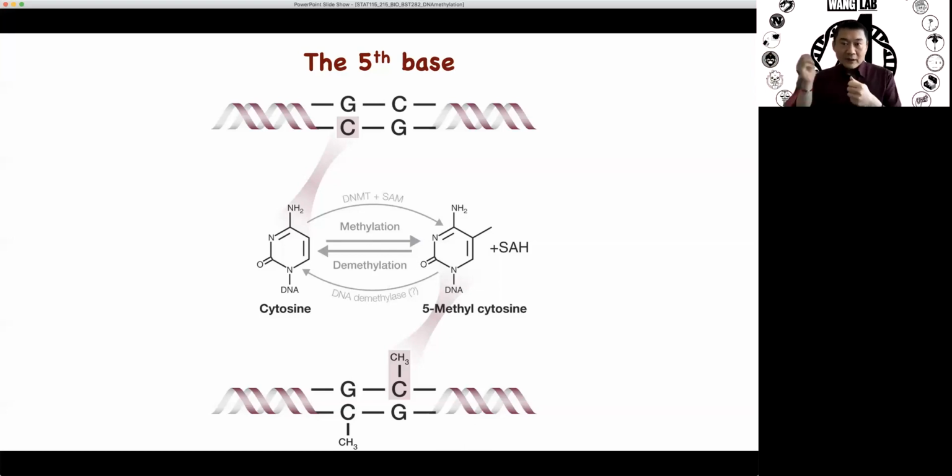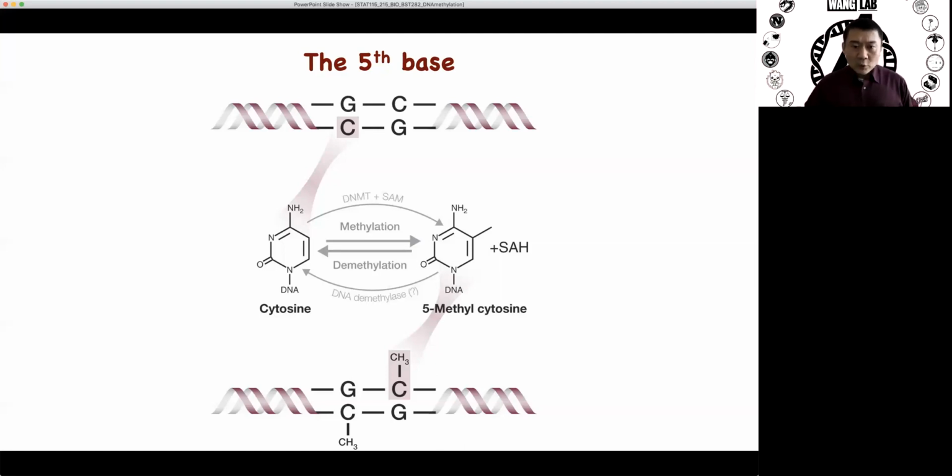But with the methyl group, the DNA or the chromatin becomes condensed, repressed, sad, and not expressing, right? So biochemically, this makes a very big difference on the chromatin. We sometimes call methylated cytosine the fifth base: A, C, G, T, and methyl C, because methyl C has very different biochemical properties than unmethylated cytosine.